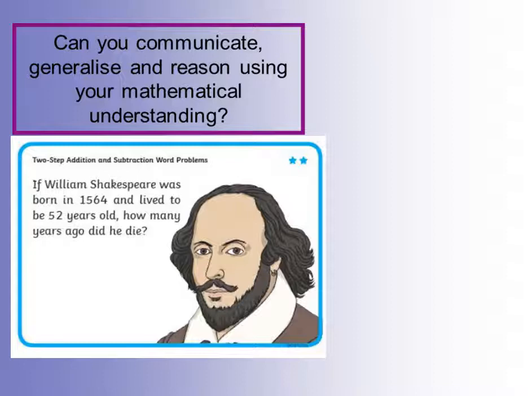So first, he was born in 1564. I'm going to add on to that the number of years he lived, 52 years, because at the end of that, we'll know the year that he died in. So I'm going to do 1,564 plus 52. Work that out with me.